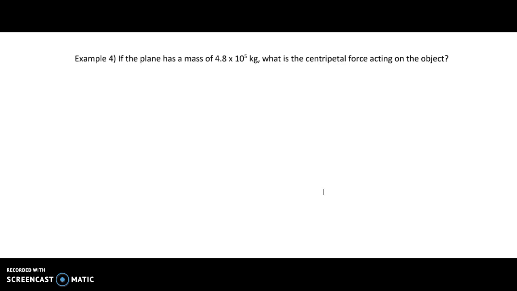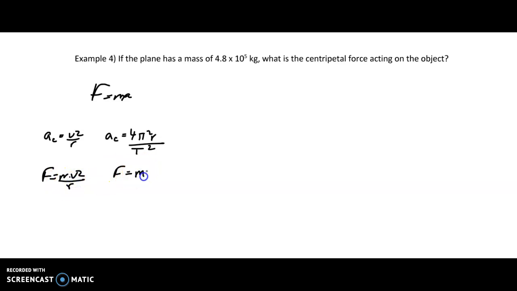Now, if we wanted to find the force acting upon this plane, we're looking at the same plane here. We're just now given the mass. And really, we can just use Newton's second law of F is equal to ma. Now, a is equal to v squared over r, or 4 pi squared r over t squared, which means we can also put in mv squared over r, or force is equal to m 4 pi squared r over t squared.